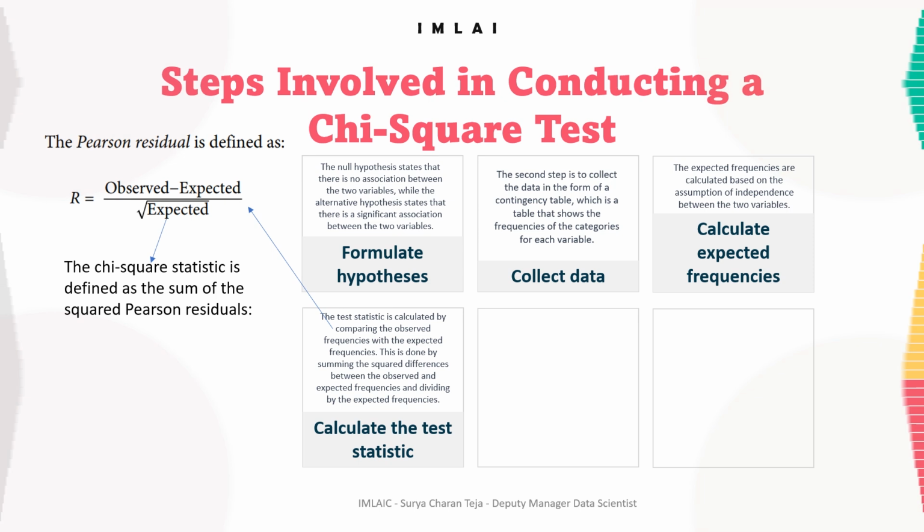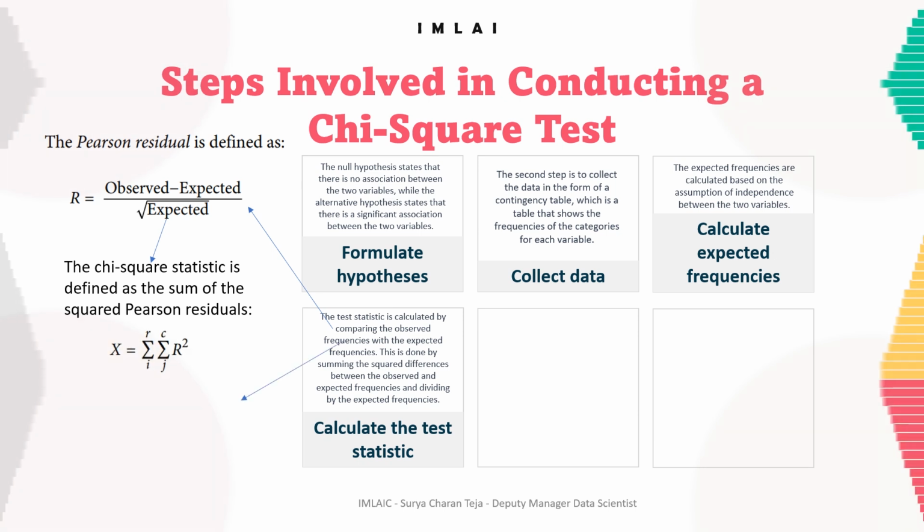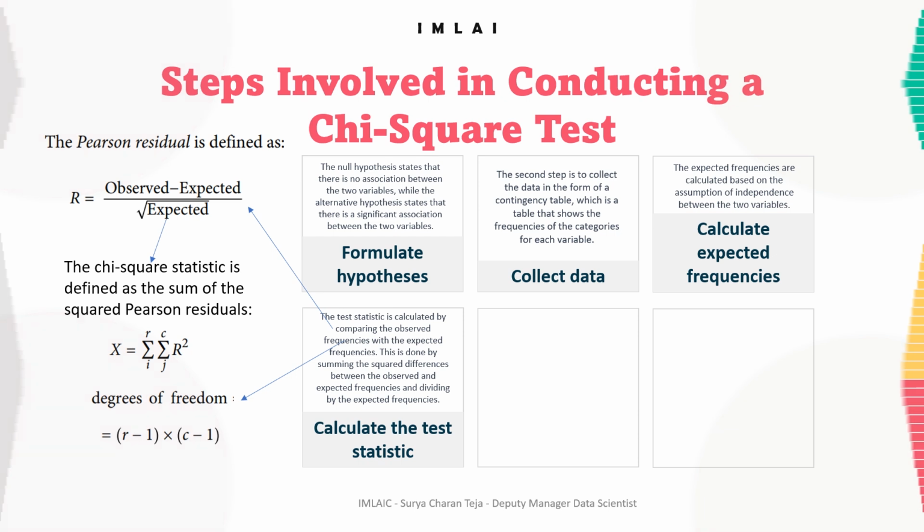The resulting value is compared to a chi-square distribution with (r minus 1) multiplied by (c minus 1) degrees of freedom, where r and c are the number of rows and columns in the contingency table respectively. This is what we call degrees of freedom in the chi-square test.